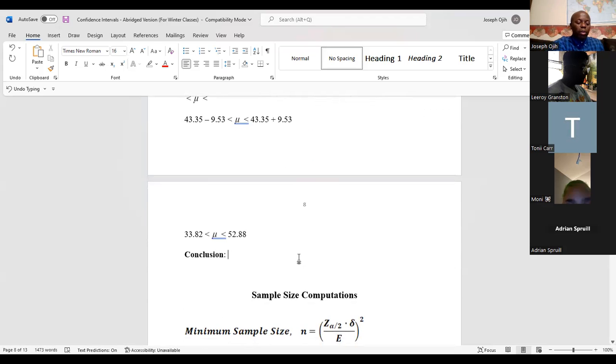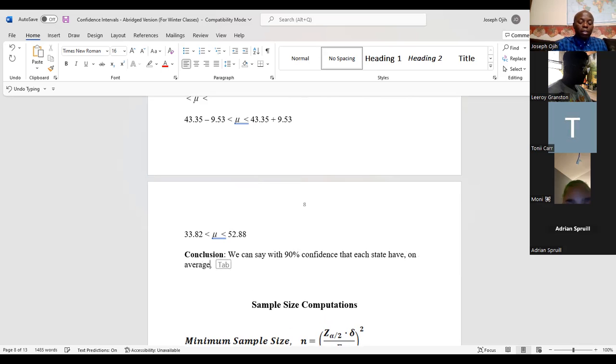So we can say with 90% confidence that each state has, on average, between 33.82 and 52.88 farms, based on a sample of farms in one state.